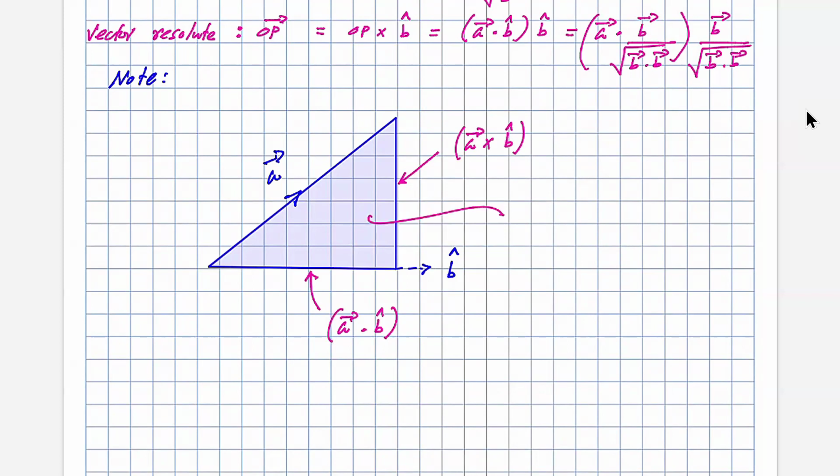Then area can be written as half times base, which is going to be a dot b hat, and height, which is going to be a cross b hat. This is what I'm saying.